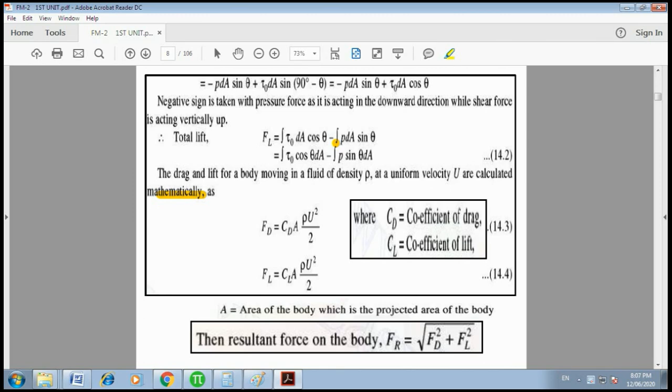CD and CL are the coefficients of drag and lift. The lift force FL is CL into A into rho into U square divided by 2, where A is the projected area of the body. I will explain projected area in the numerical, so it will be very clear there.